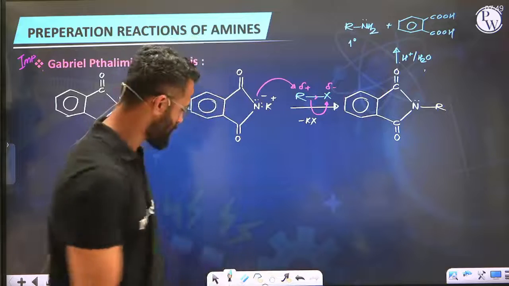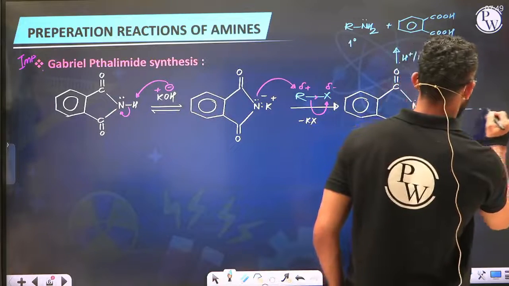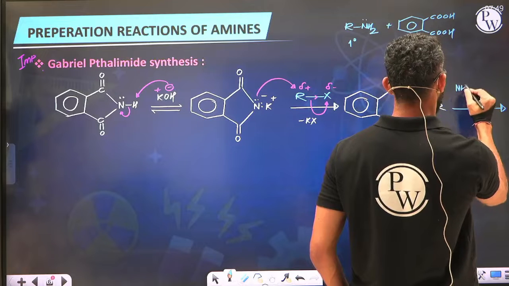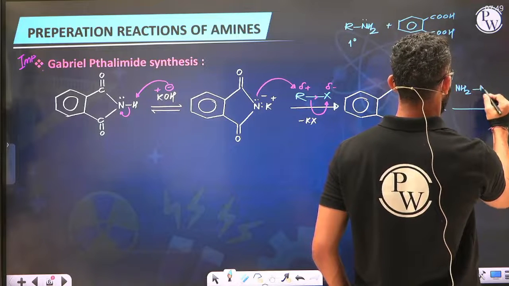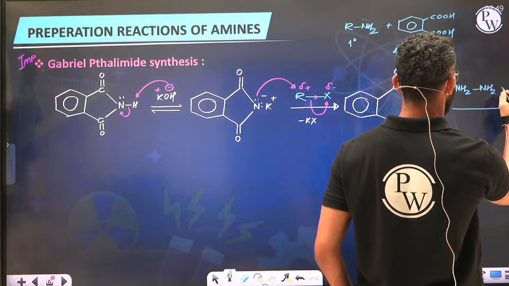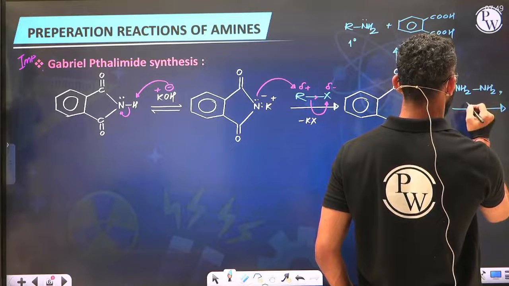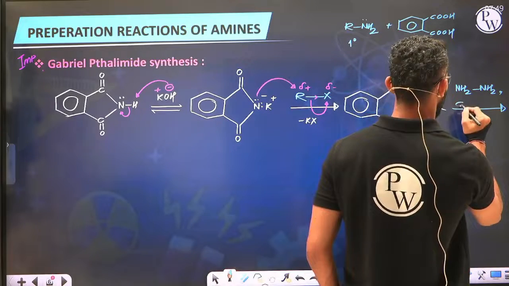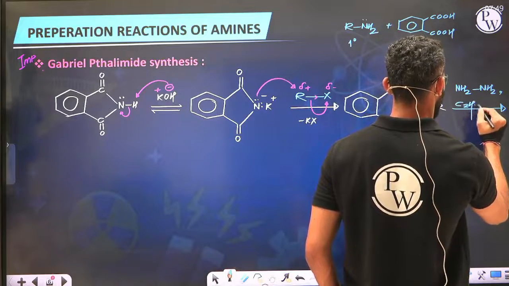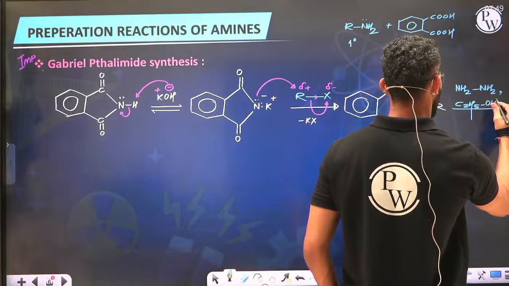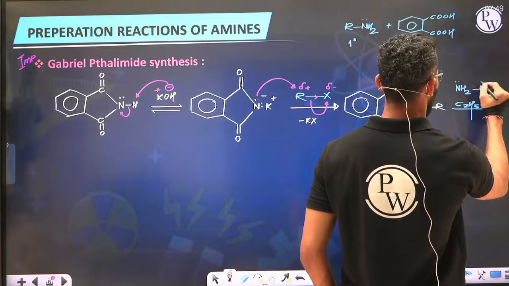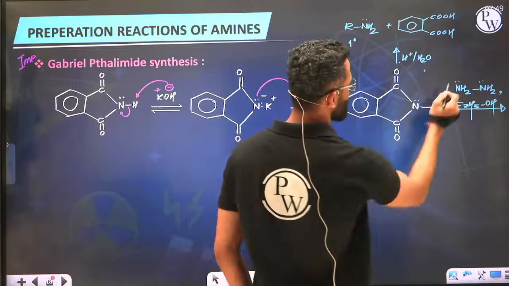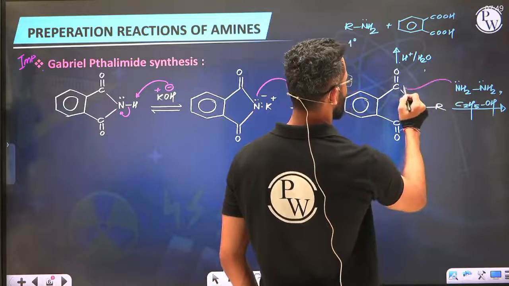Another way of hydrolyzing it to prepare a primary amine is by allowing it to react with hydrazine, generally in the presence of an alcohol. Let me briefly give you the general mechanism. Look what is happening. This lone pair will attack the carbonyl carbon.